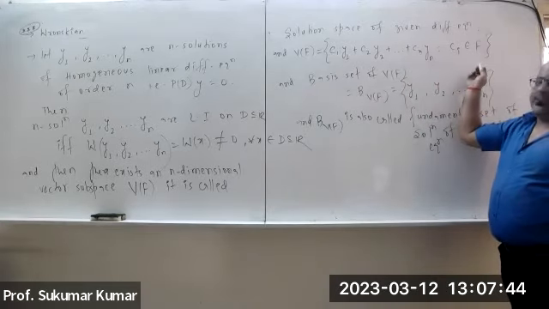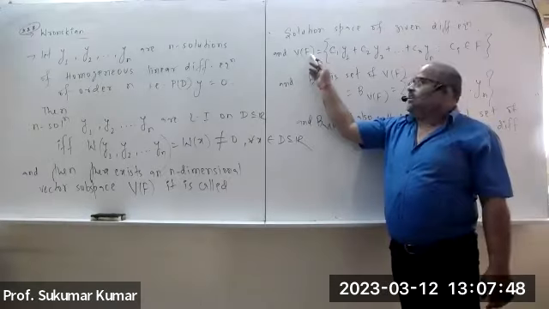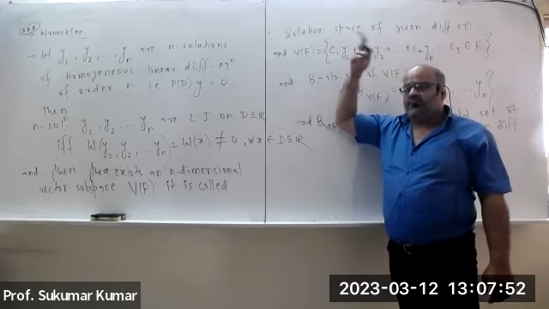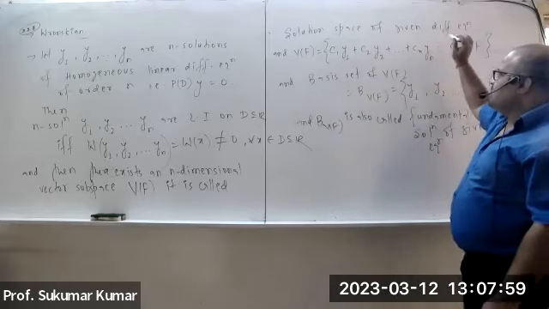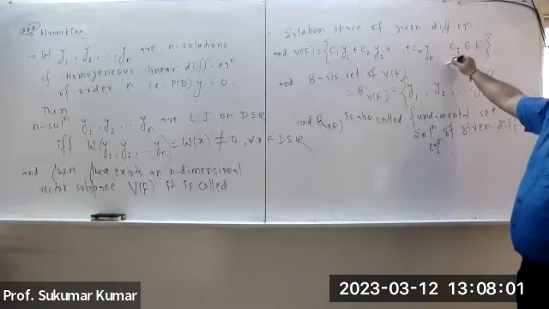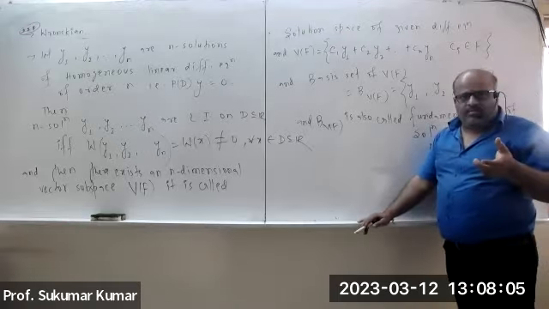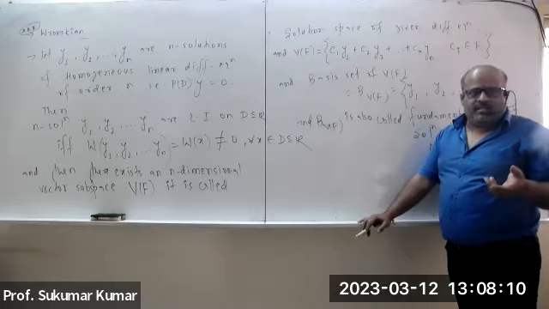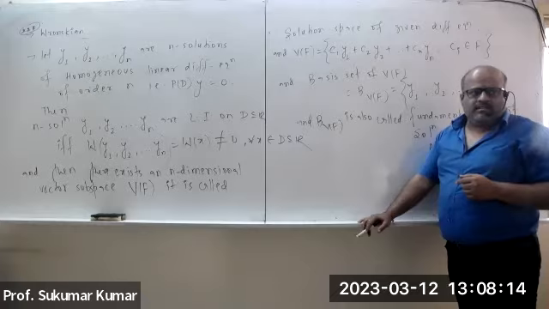The constants come from any field, real, complex, anything. The domain must be a subset of the reals, but the field can be anything. Now this is a vector space generating the solutions, with C1, C2 arbitrary constants. This is why whatever solution we write in C1, C2 form is our generalized solution. It is a linear combination solution; if linearly independent solutions are not there, then we can't write this solution.